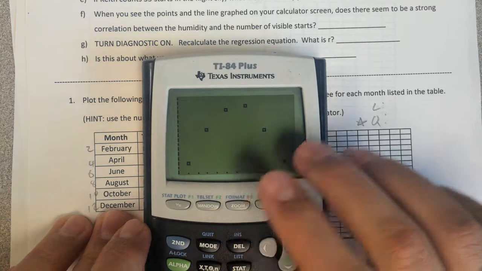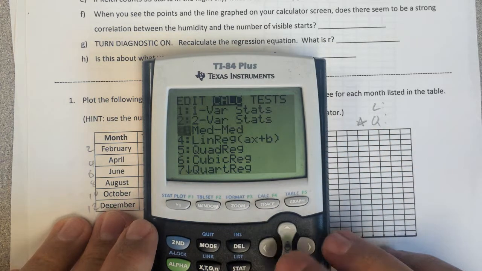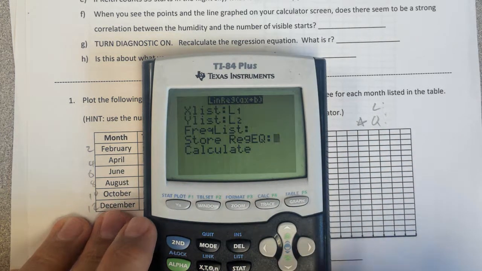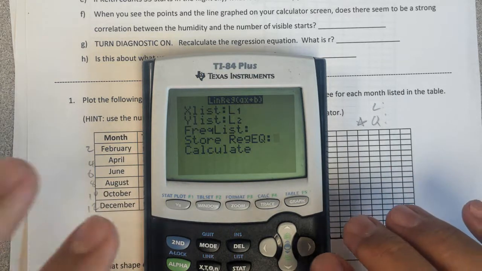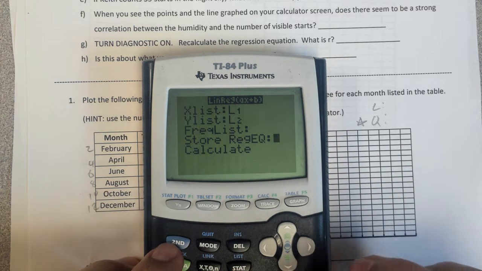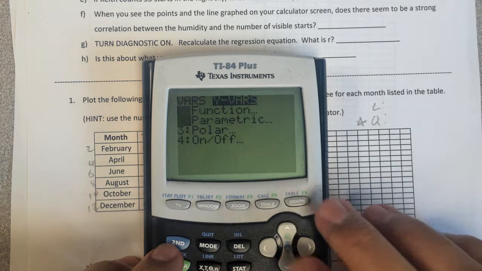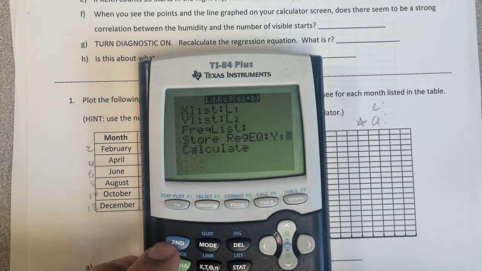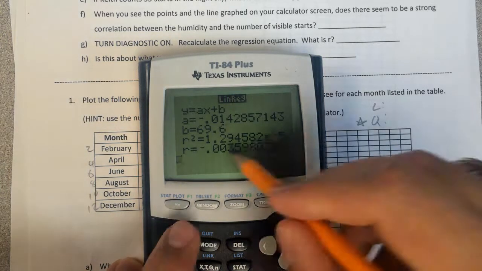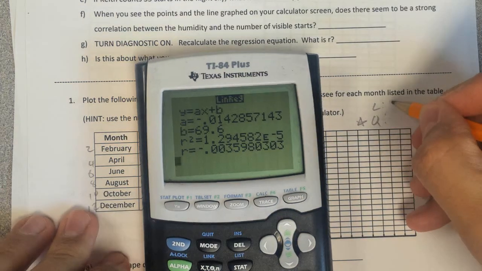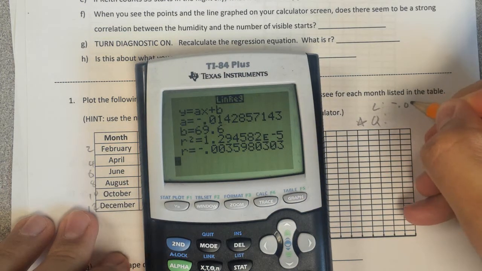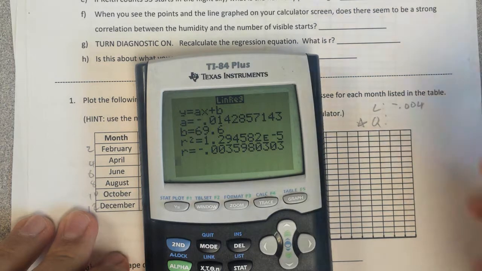So my linear: stat, calc, linear, I'm going to go ahead and store it. Vars, y vars, function, y1. Alright, my r value is negative 0.004.